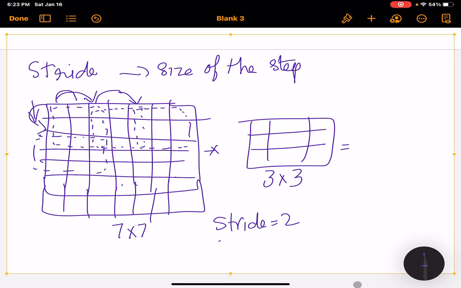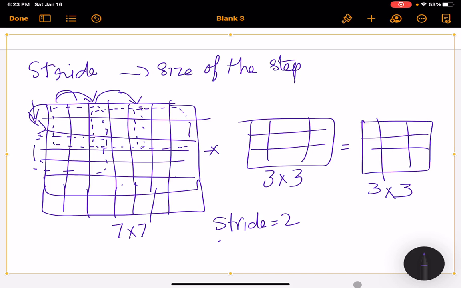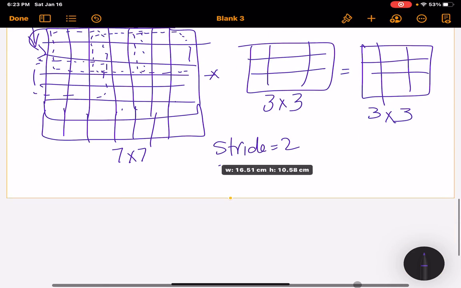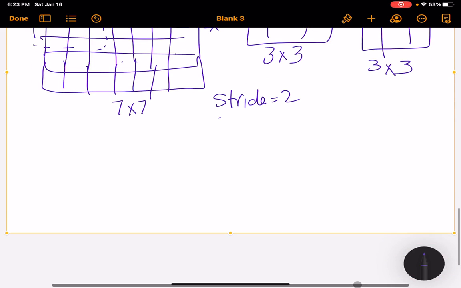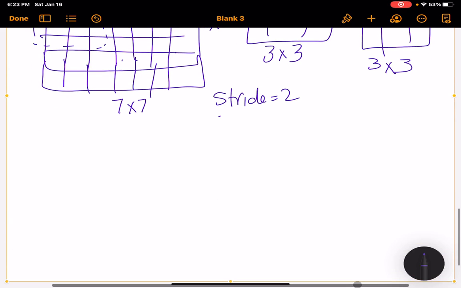So this would in turn give me an output of size 3 cross 3. So again, stride plays an important role in determining the size of the output image.